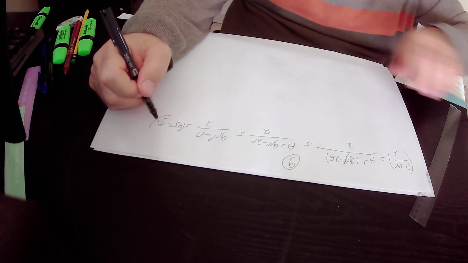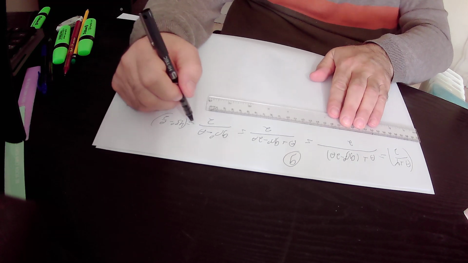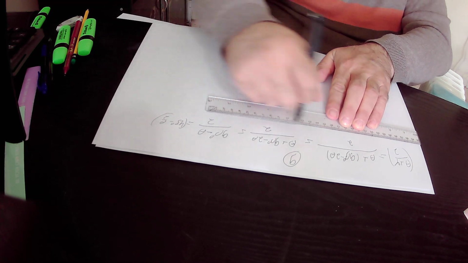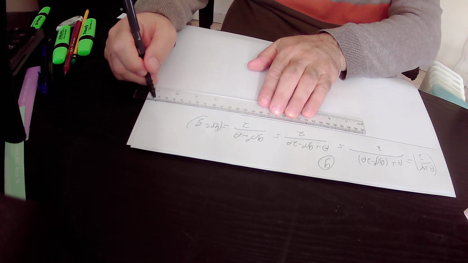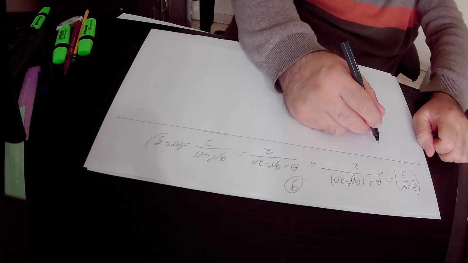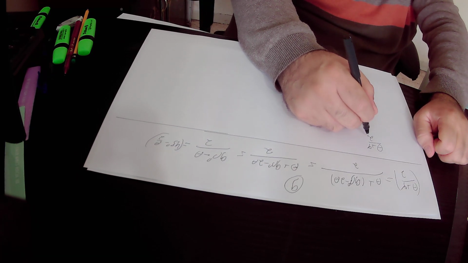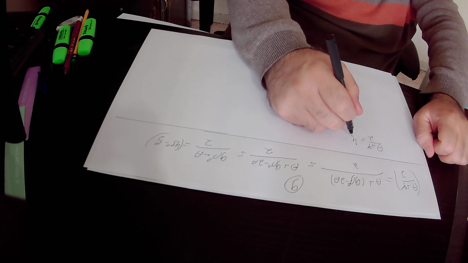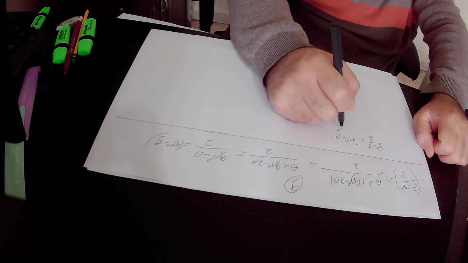So in conclusion, we found out that theta plus alpha over 2 equals 45 degrees minus theta over 2.